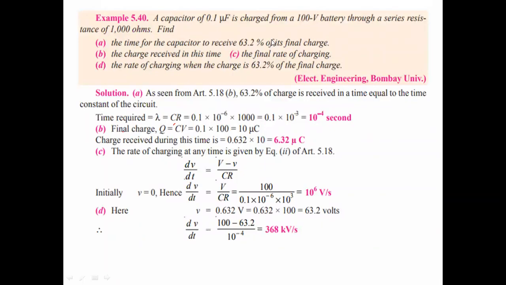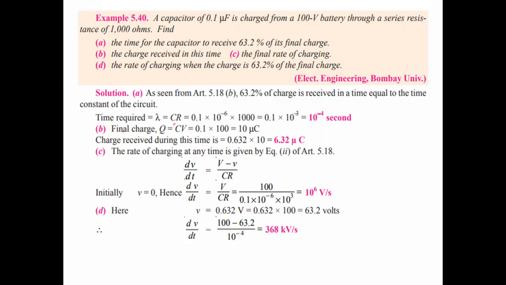So that is another problem. Example problem: a capacitor of 0.1 microfarads is charged from a 100 volt battery through a series resistance of 1000 ohms. So an RC network is connected to a 100 volt battery. R value is 1K, that is 1000 ohms, and the capacitor value is 0.1 microfarads.